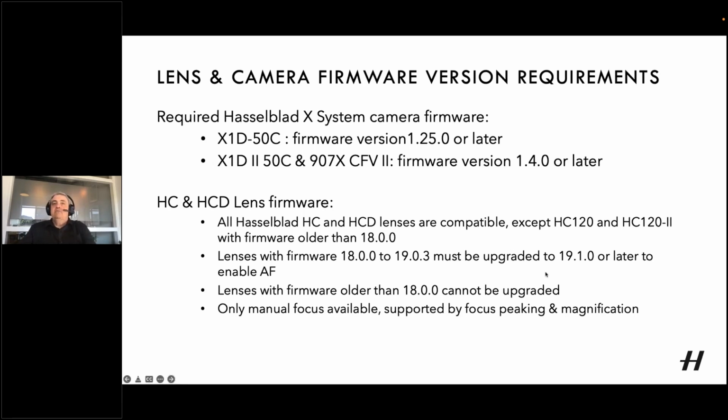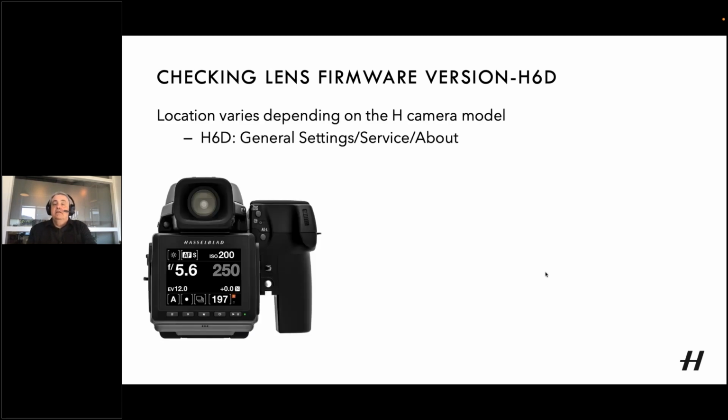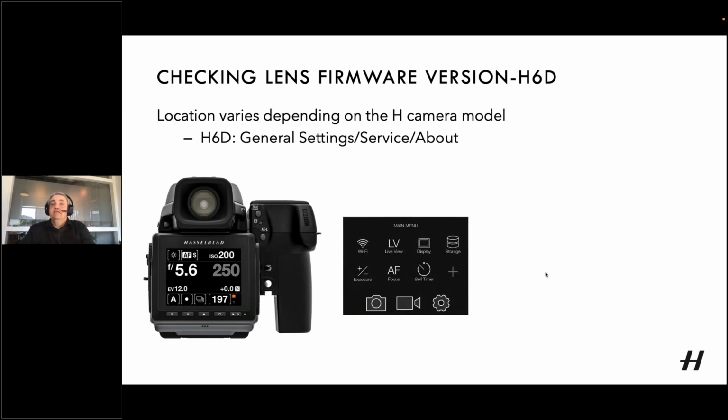In terms of how do I check where this version is, what lens version have I got? A couple of different ways. So if you're using a H6D or if you're checking the version on an X1D camera, we start off, you go to the main control screen, and then we go to the general settings icon.